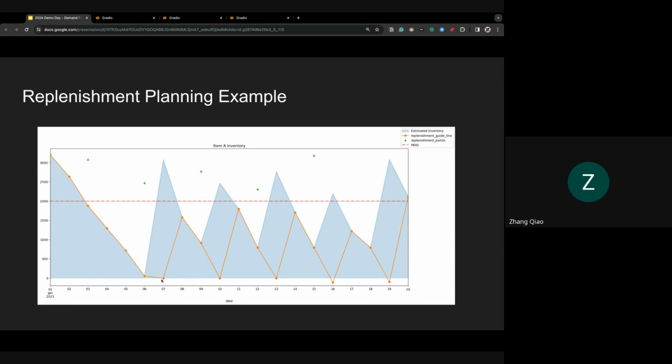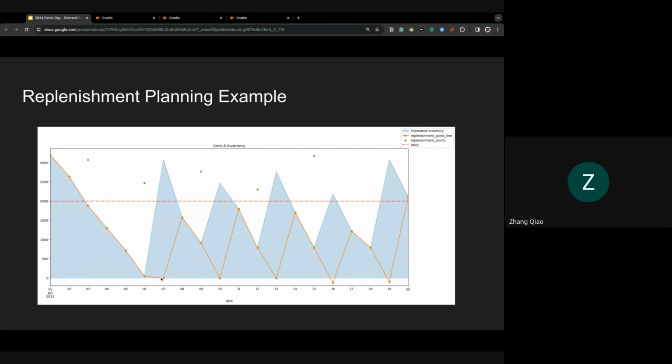So with this piece of information, together with the historical record of the lead time, and considering the MOQ and some other constraints, we can go backwards and estimate the date you are supposed to plan to make an order or a replenishment.